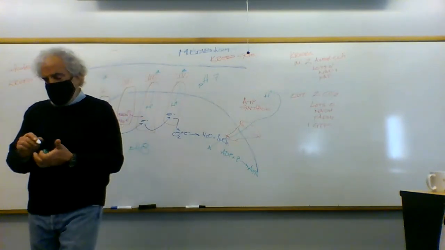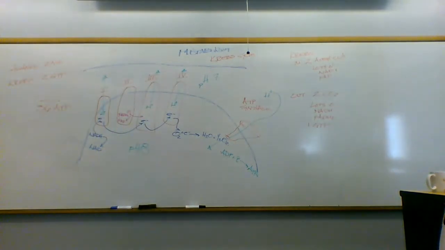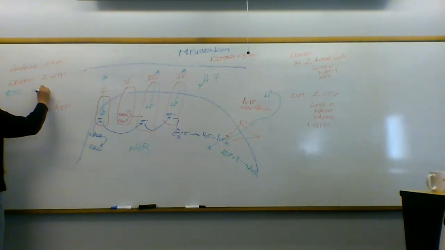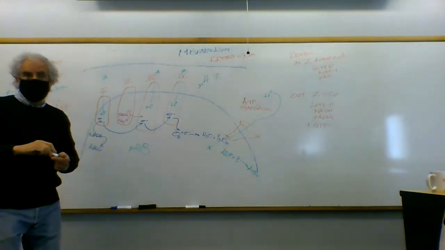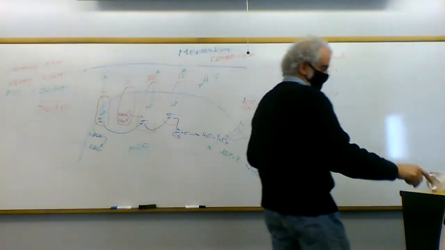Yay! And if we do our ATP count, what we got then, glycolysis 2 ATP, Krebs 2 GTP, electron transport chain is the rest. So what? 32 ATP. Pretty important, I would say.